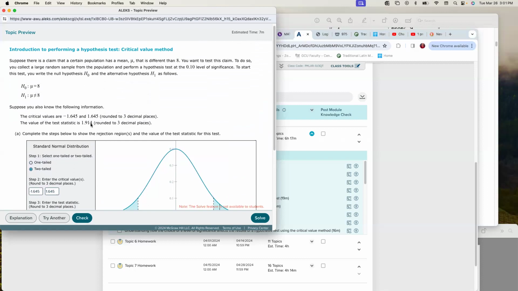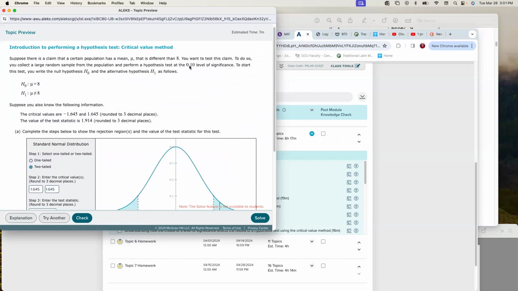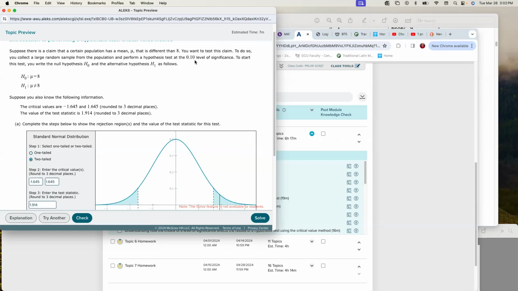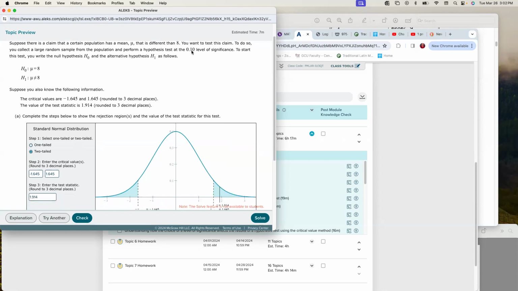The test statistic's pretty simple. You just go ahead and punch it in, and actually you can get these from the template as well. But with that said, notice the significance level is 0.10. So I have to determine my rejection zone based on that. And since it is a not equals, I have to divide this up into two equal parts.